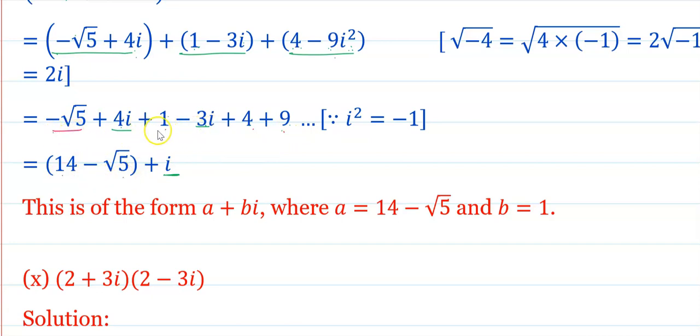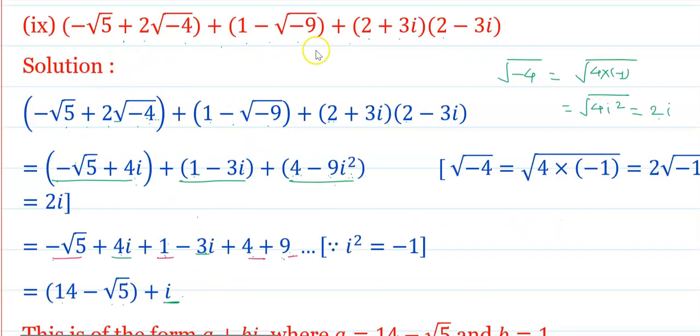If you add this, then you are getting 9 plus 4, 13 plus 1, 14. 14 minus root 5, bracket complete. 4i minus 3i, you are getting i. This is of the form a plus bi, where a is 14 minus root 5 and b is 1. Okay. पुन्हा तुम्ही बघू शकता हे.